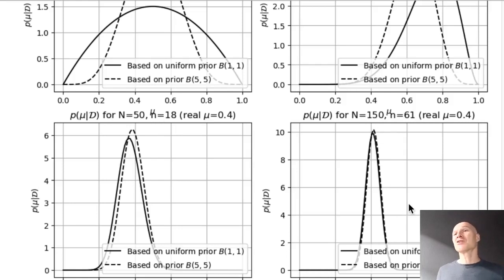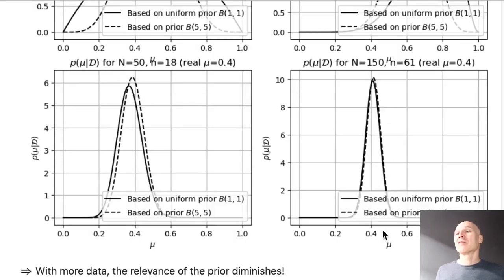So there is a non-zero probability that mu is 0.5 and a non-zero probability that mu is 0.8 and so forth. The distribution will become more and more peaked, but it will never go to zero for the full range 0 to 1 if you observe at least one head and at least one tail.